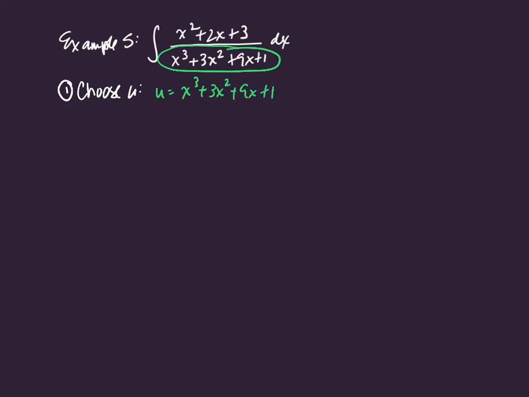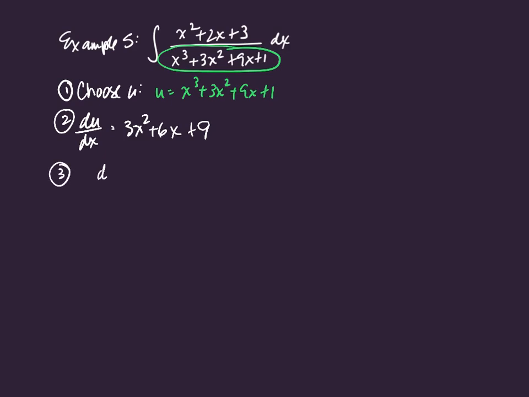And when we do a quick derivative in the next step, we get 3x squared plus 6x plus 9. That happens to be very similar, close to x squared plus 2x plus 3. You might notice if I take x squared plus 2x plus 3 and multiply it by 3, then I get 3x squared plus 6x plus 9.